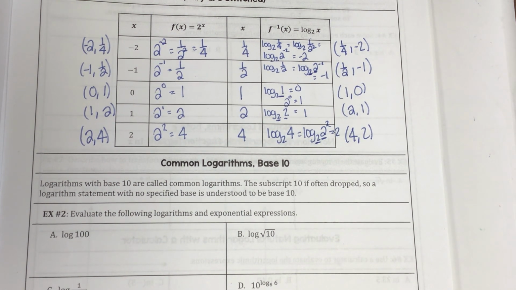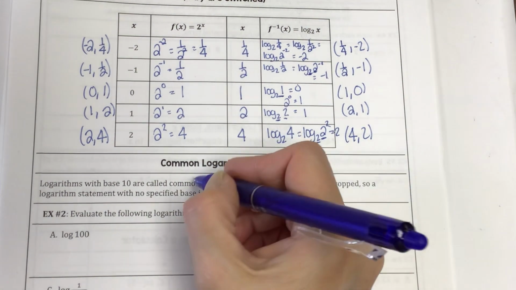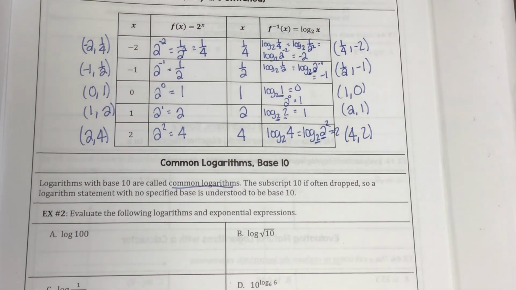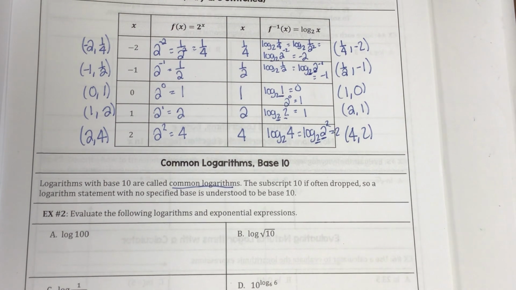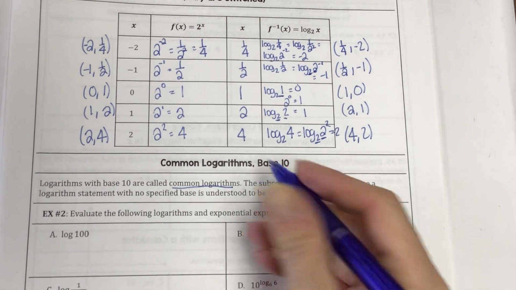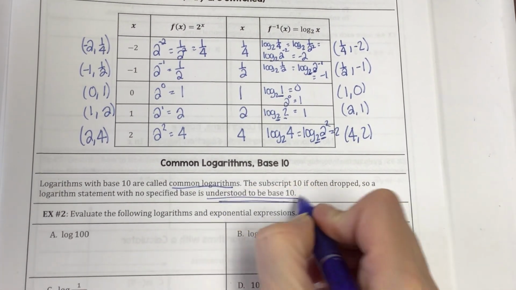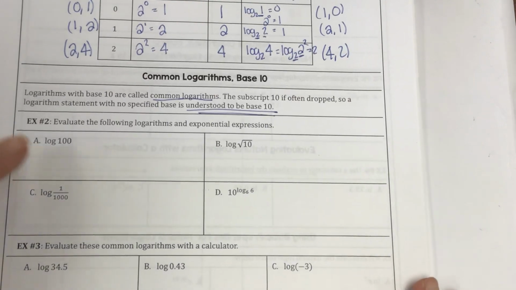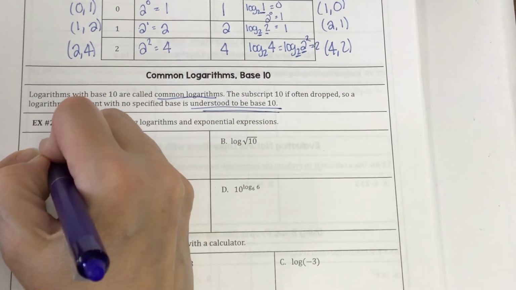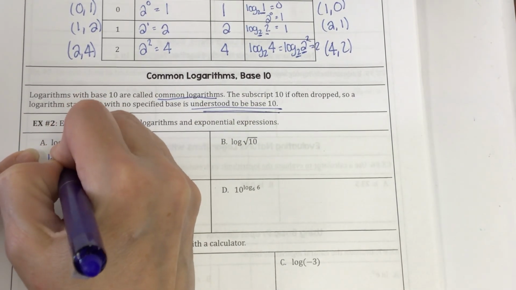All right, the logarithms with base 10 are called common logarithms. That's the log that you'll see on your calculator. That is base 10. It's often dropped, and if there is no base, it is understood to be base 10. So in this case, this is log base 10.